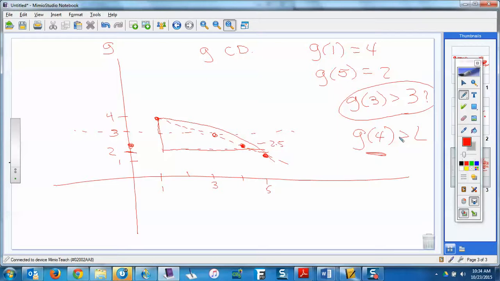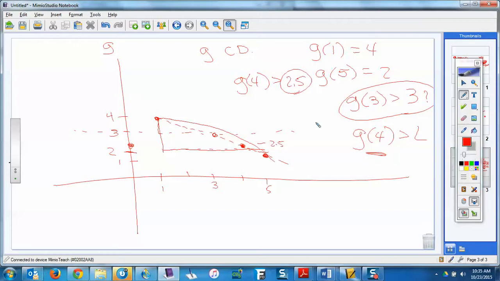G of 4. So find a number L. We know G of 4 has to be greater than 2.5. It's got to be above it. So would that be an acceptable answer for L? Find a number L such that G of 4 is greater than L. That's it, right?